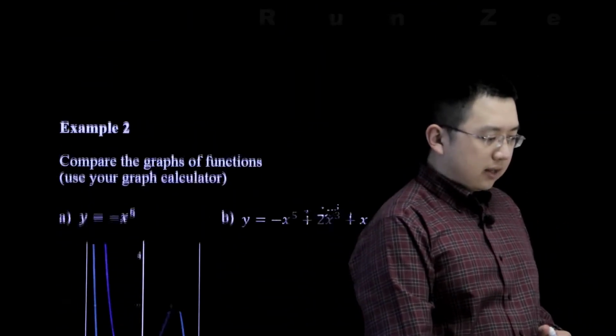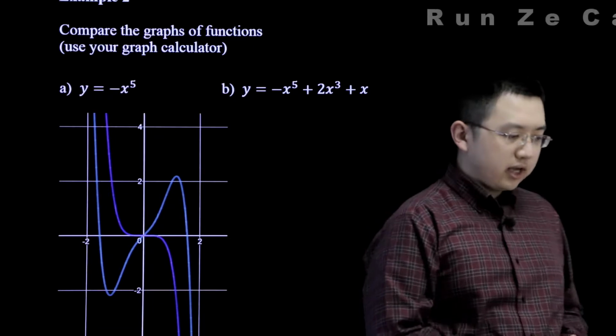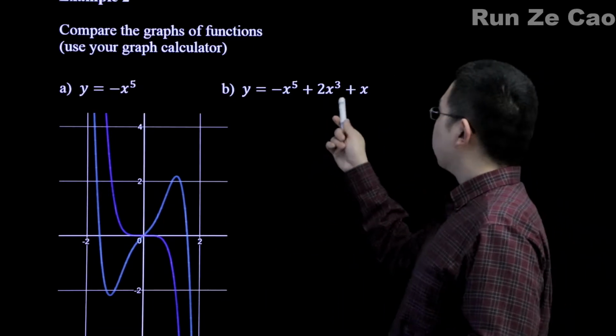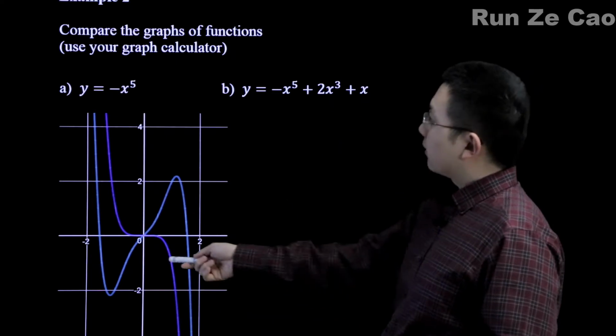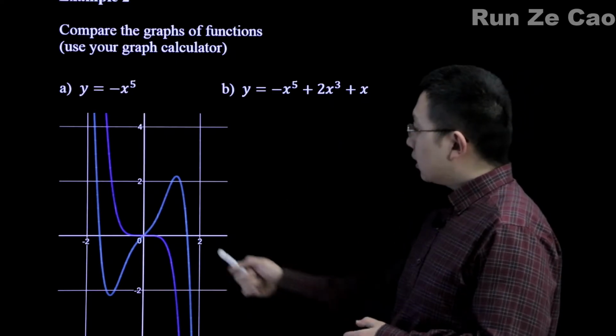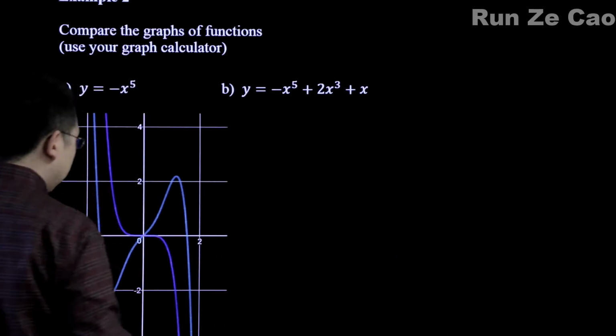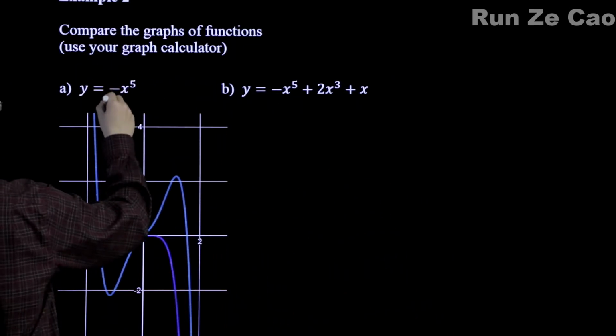Just by looking at the equations, you can actually see a number of changes that can be brought about by the coefficients of lower degree terms, such as this one. Here we see negative x to the fifth. That's this blue line here.